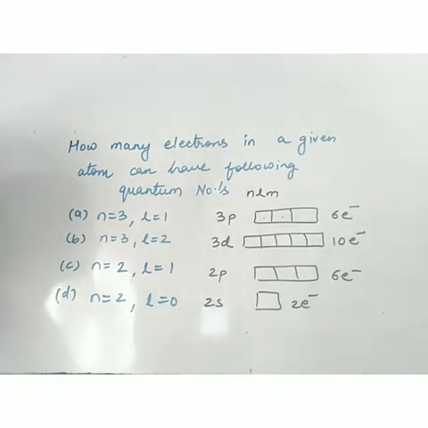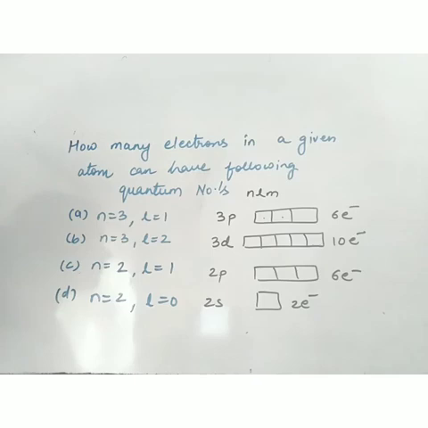The entire quantum mechanical model is based on the concept of quantum numbers only. With the help of quantum numbers, we can locate the position of an electron in the atom. Your atom is divided into shells determined by the principal quantum number. Shells are further divided into subshells determined by the azimuthal quantum number, and within the subshells your orbitals are there, determined by the magnetic quantum number.